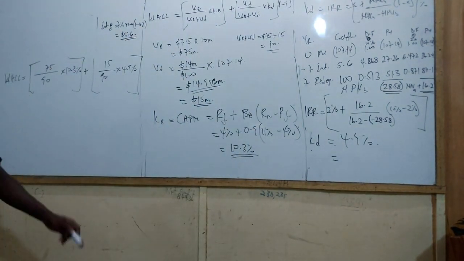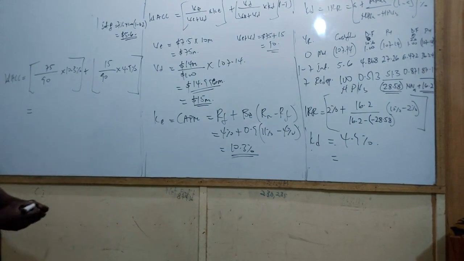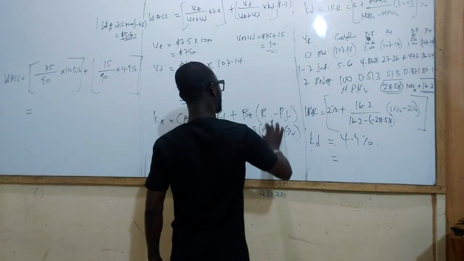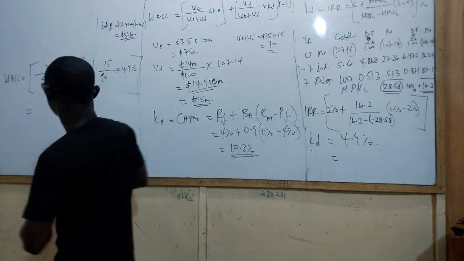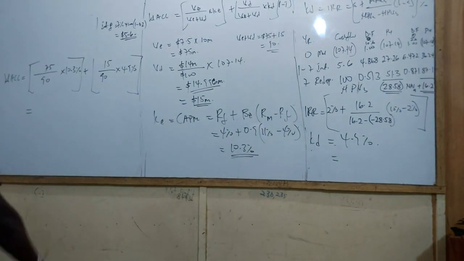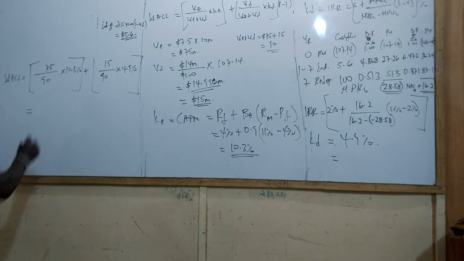So let's punch out, and the answer we get is the current WACC. What do you have? 9.4. Okay. That's it.